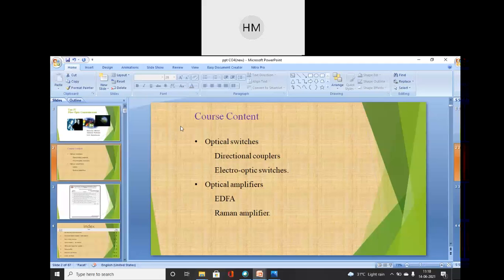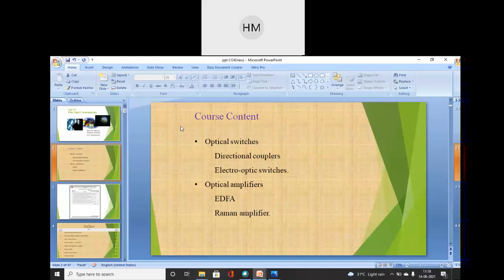Then we discussed the sources, detectors, and optical receiver performance in the third unit. Now, how does this communication take place? There are many components required for overall optic fiber communication. These are the components which we will discuss in this chapter.